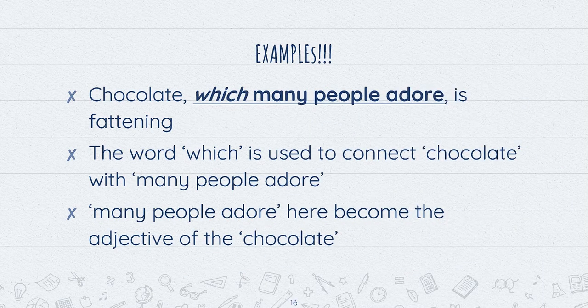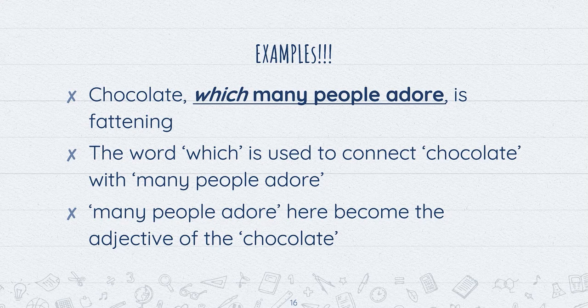Here in the first example that I will give to you, "Chocolate, which many people adore, is fattening." The clause "which many people adore" is actually explaining, or becomes the adjective of, the subject of the sentence, which is chocolate.